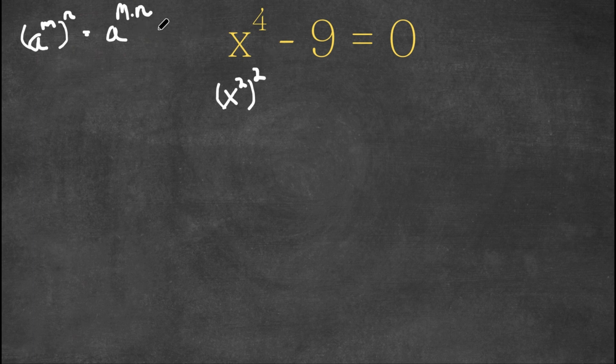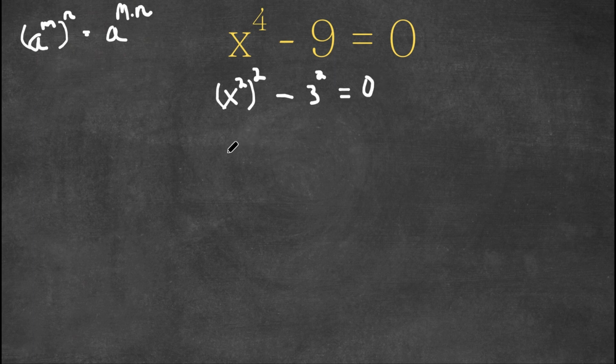So I'm simply reversing this, converting it back to its original form. So x squared to the power of 2 minus, I'm going to change 9 to 3 squared, and this is still equal to 0.